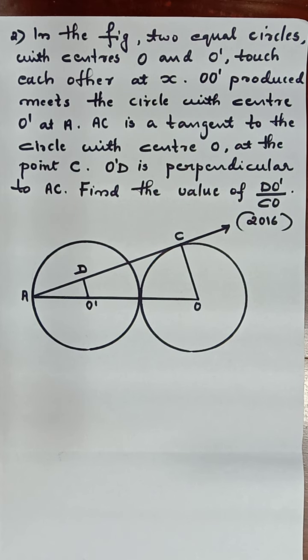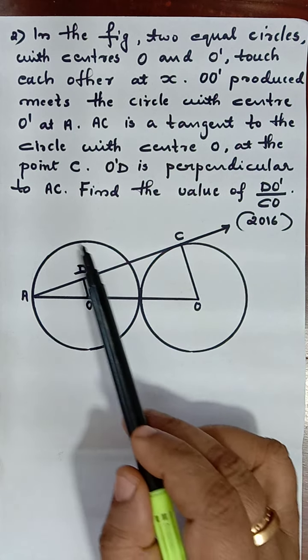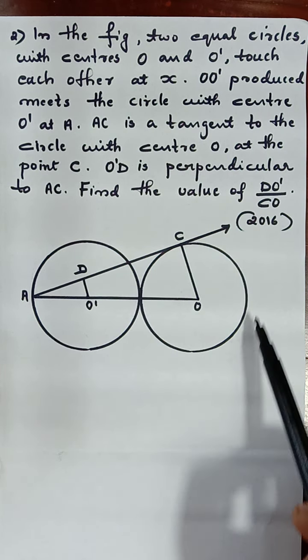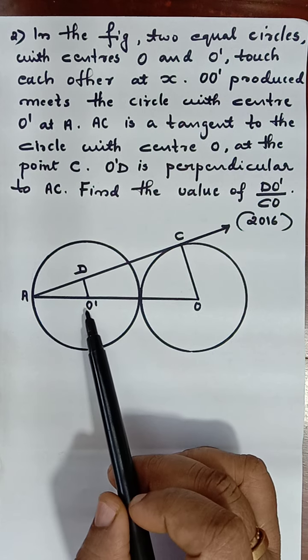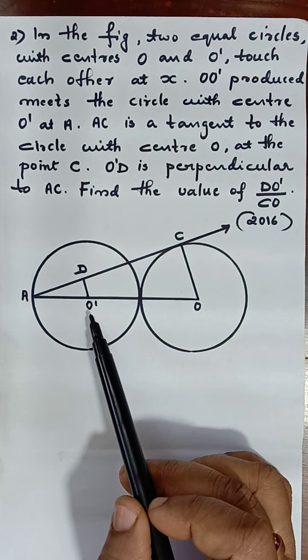Second question: in the figure, two equal circles with centers O and O dash. We can see two circles, they are equal in radii. Centers are O and O dash.